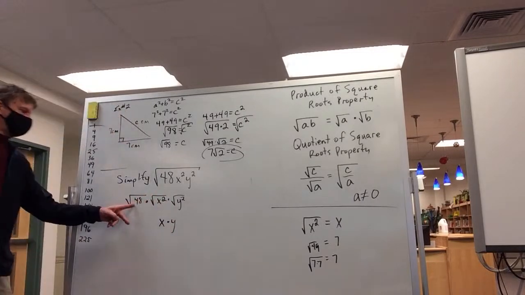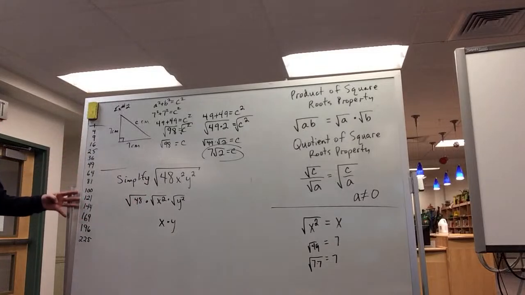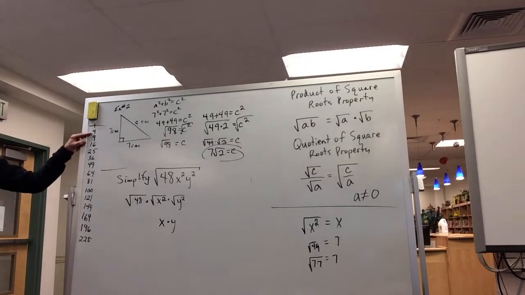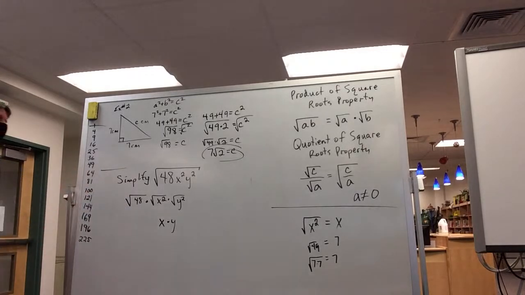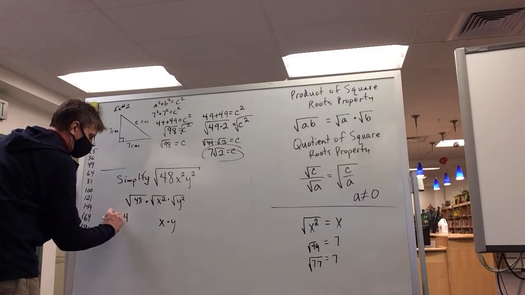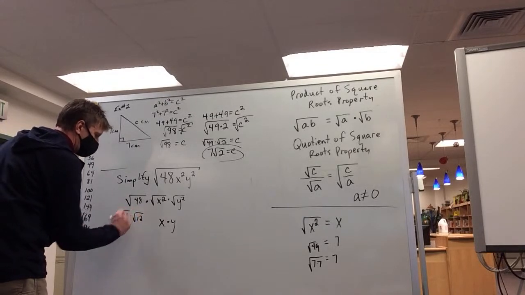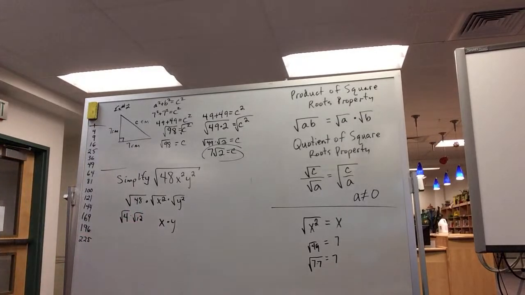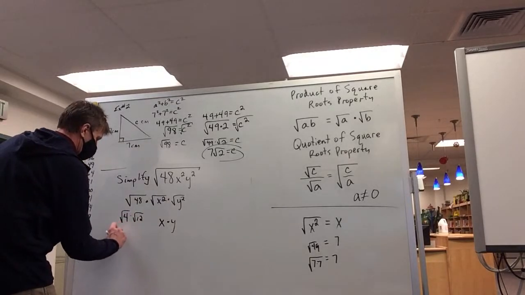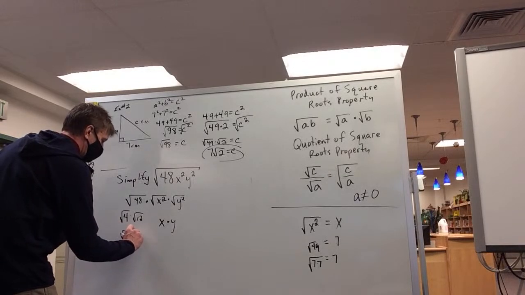And then now, can we pick any of these pretty numbers out of here to multiply and get 48? 4? 4 times what? 12. 4 times 12. So you could think of this as square root of 4 times the square root of 12. But we can change 12 as well, because 12 is 4 times 3. So this is square root of 4 times the square root of 4 times the square root of 3.